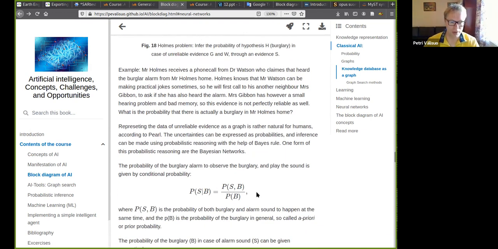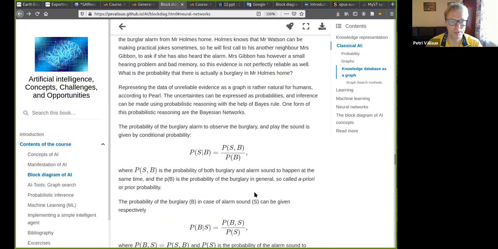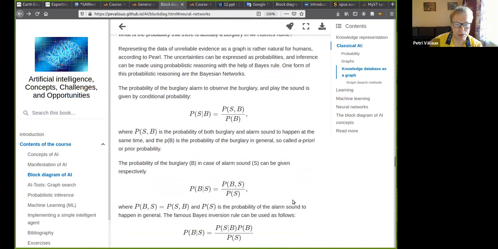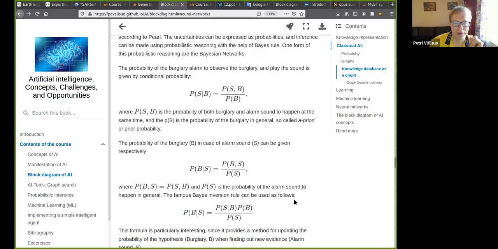But then, and this is exactly the same, you can calculate also the opposite probability if you want. But what is interesting is that you can reverse this inference using the Bayes rule.